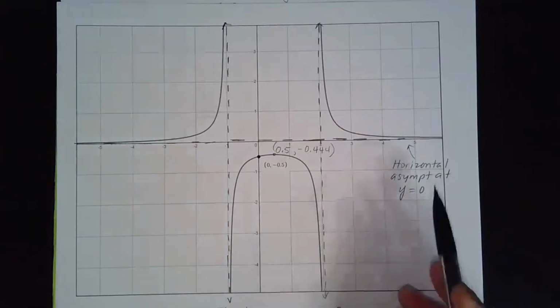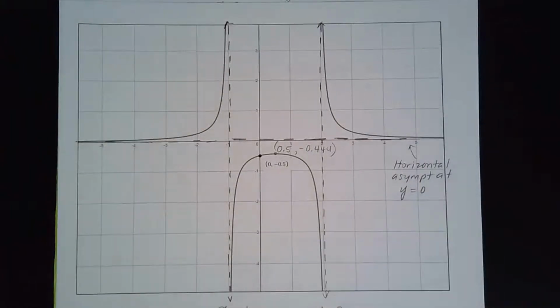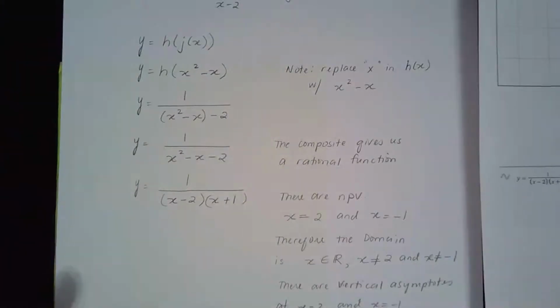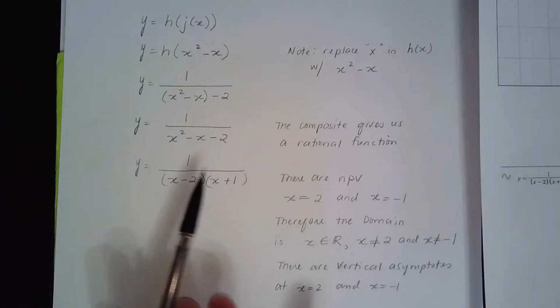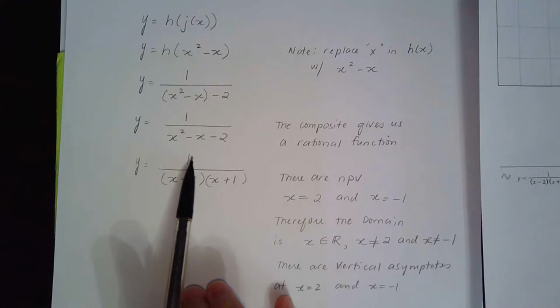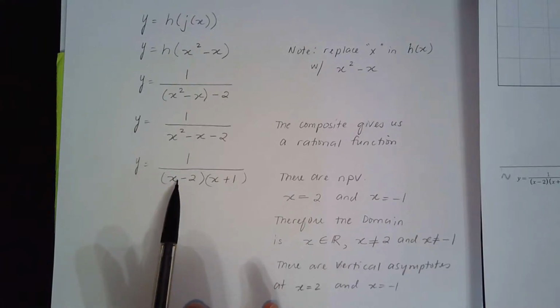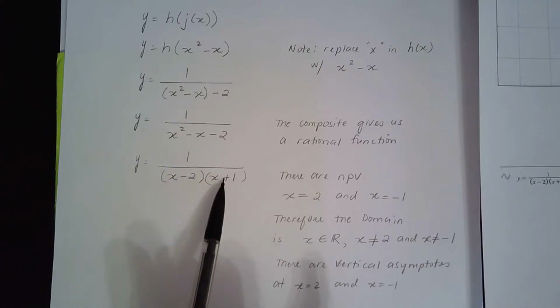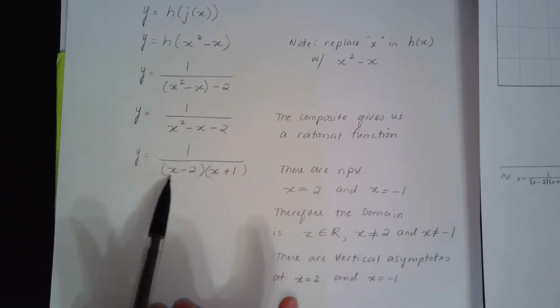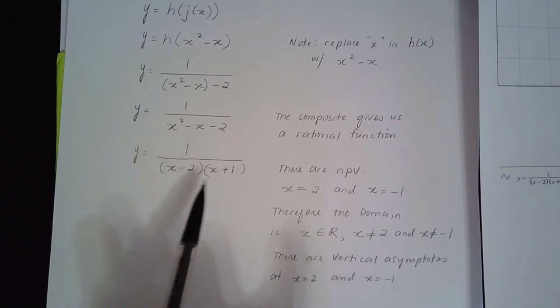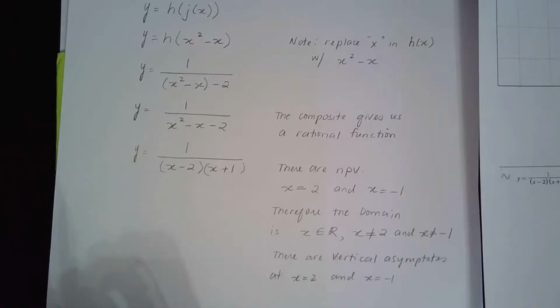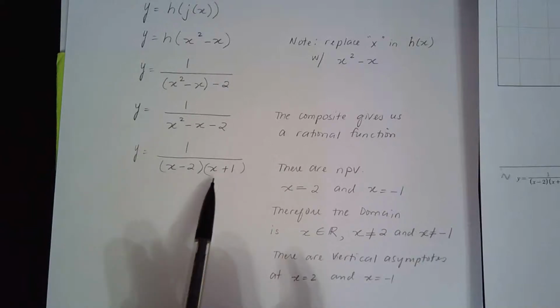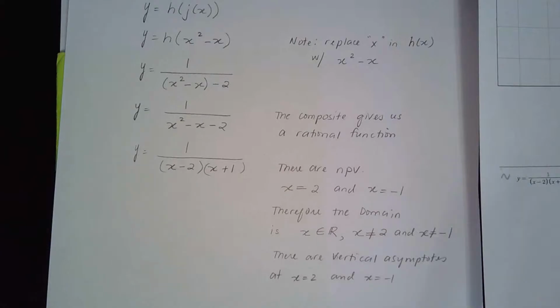And we know that already because if we look at the degree of our polynomials, the degree of the numerator is way less than the degree of the denominator. The degree of the numerator is actually 0, and the degree of the denominator is 2 because the exponent is 2. So the denominator gets so much bigger, and the numerator stays at 1. So if we divide it by some huge number, it's just going to get closer and closer to that one. Okay, I hope it's all good.